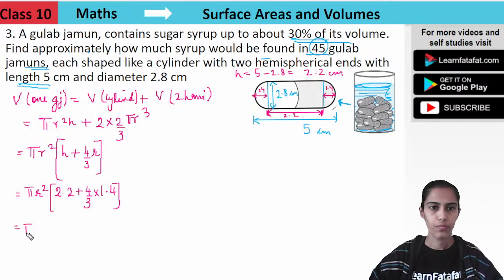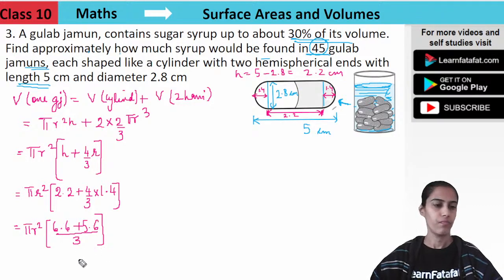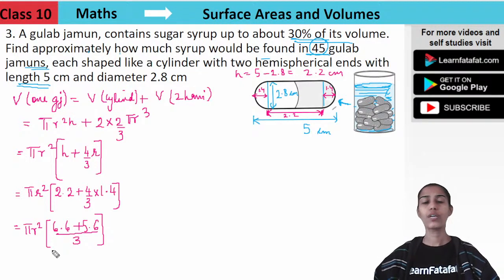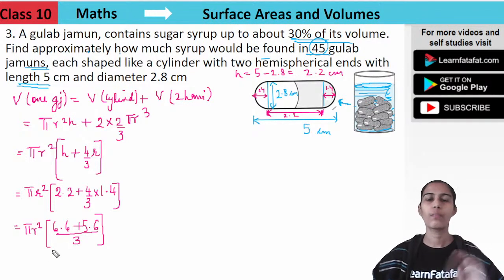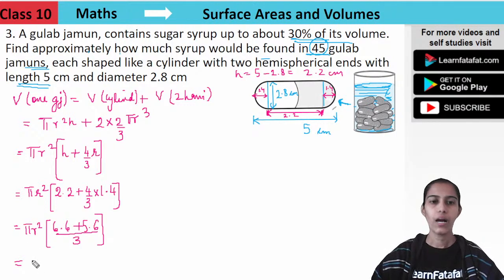Okay, now pi r square. When you solve this, ये 6.6 plus you will get 4 4s are 16, 4 1s are 4 plus 1 5, 5.6/3. ठीक है, so I'm going to show you ये calculation I'm doing and showing you ताकि simplest way में you can do this calculation. अब substitute कर देते हैं. pi is 22/7, radius is 1.4 into 1.4 into ये bracket 6.6 plus 5.6.